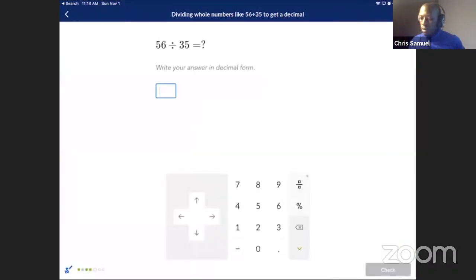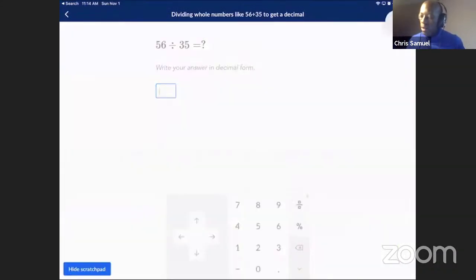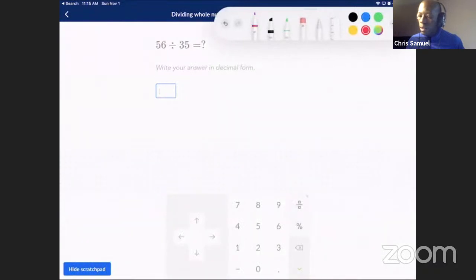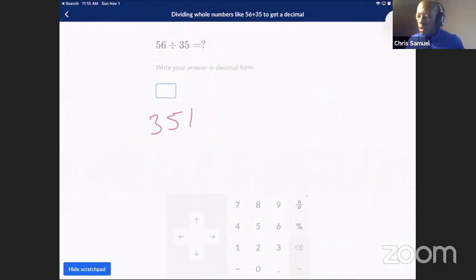Okay, now let's do it again. We say 35 goes in here.